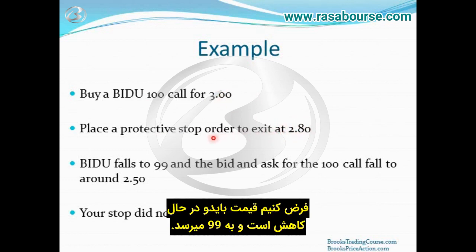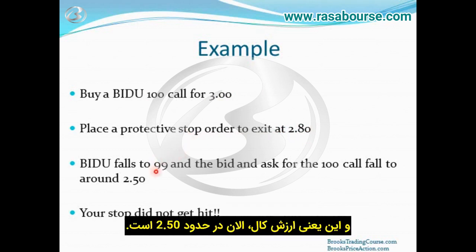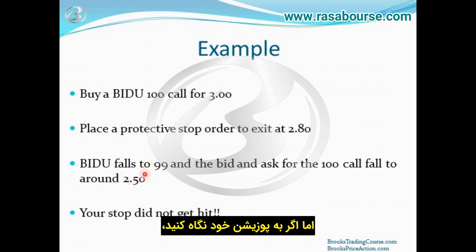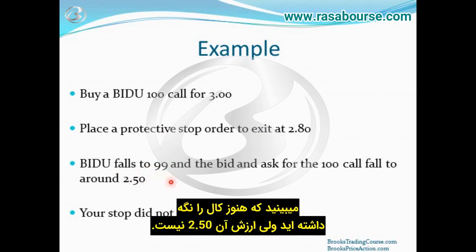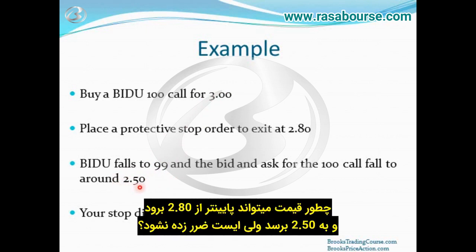Let's say Baidu starts to sell off and it falls down to 99, right? That means the value of your call is probably now worth about 2.50. And if you look over at your positions, you might find you're still holding that 100 call and it's now worth 2.50, right? How could it fall to 2.50, well below your 2.80 stop, and your stop not get filled?